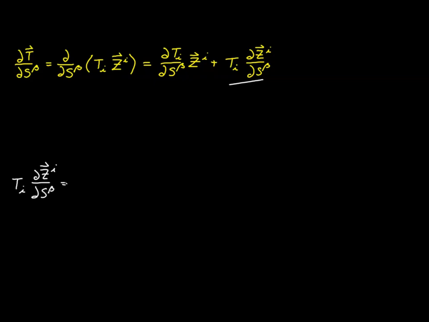And as before, we can expand this out using the chain rule. So we'll have ti and then the partial of zk with respect to s beta times the partial derivative of our basis vector zi with respect to zk.